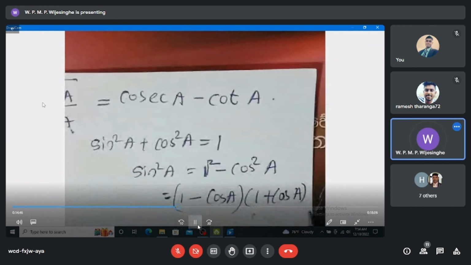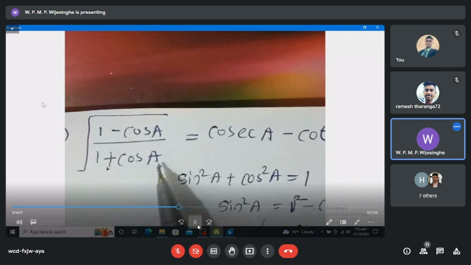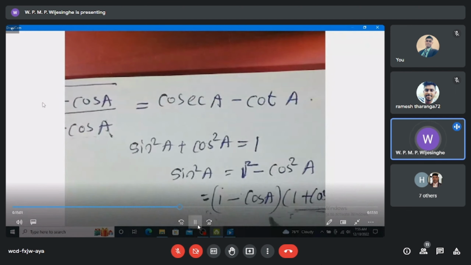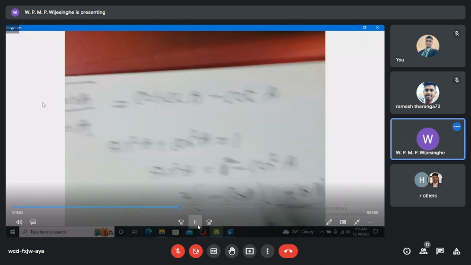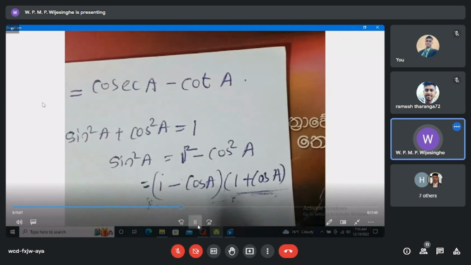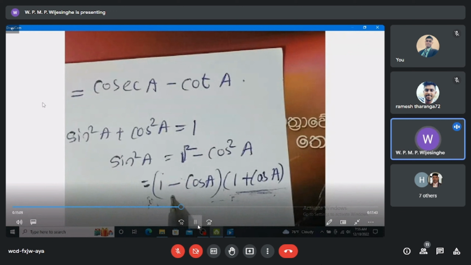Then here it already has 1 plus cos A. Then it is 1 plus cos A. Then we should, if we include this term here, right? Then in the denominator, these two terms are there.